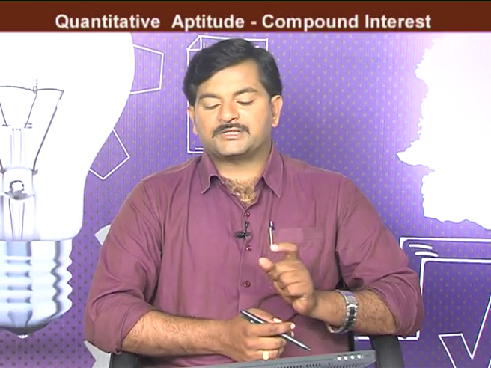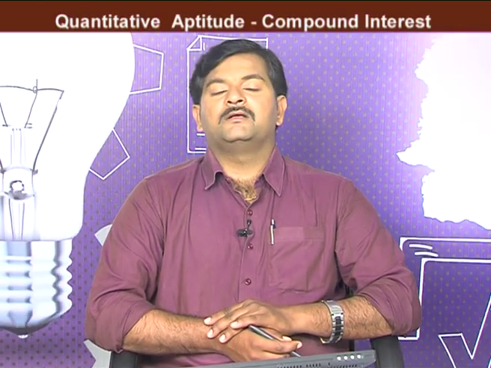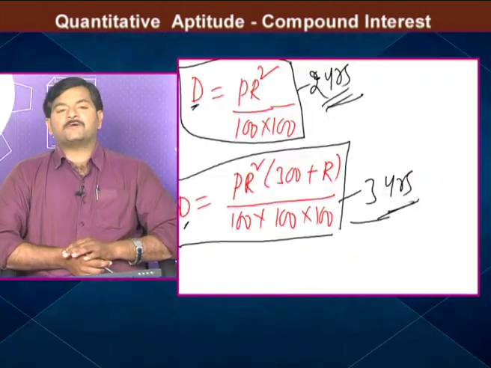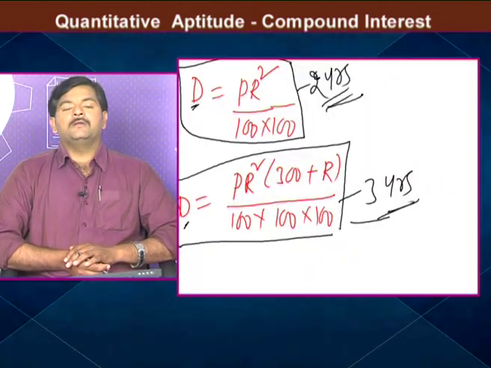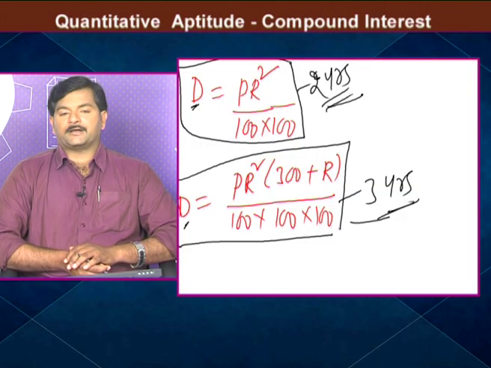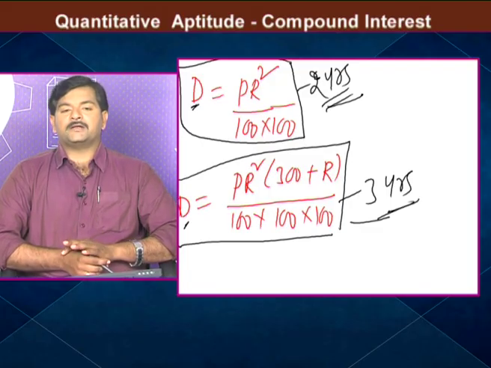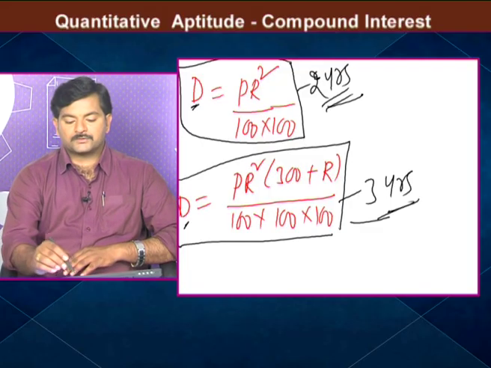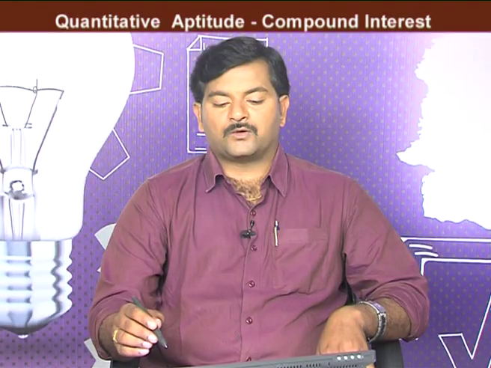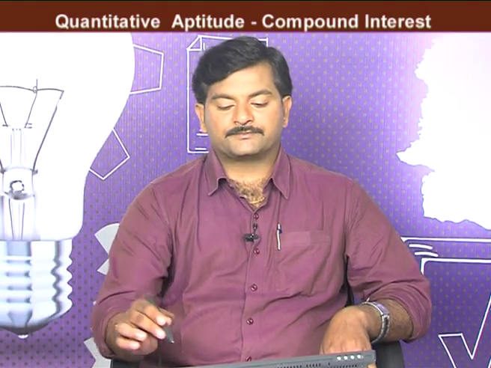Remember, for 2 years the formula is D equals PR square by 100 into 100. For 3 years, it is PR square into 300 plus R by 100 into 100 into 100. Using this concept, we can now solve the questions.